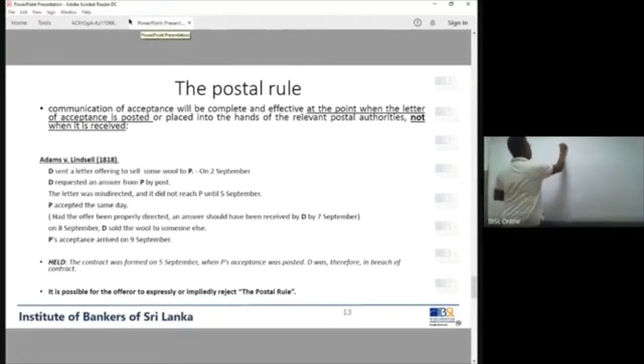D sent the offer letter to P. D is the offeror. P is the offeree.